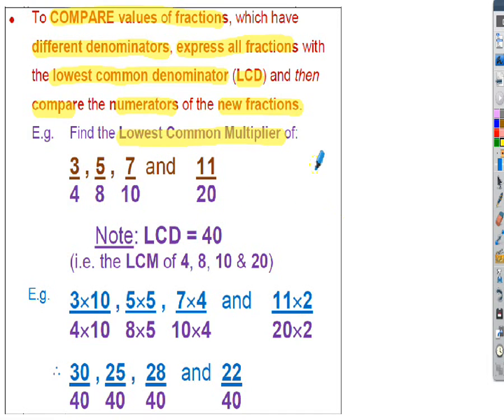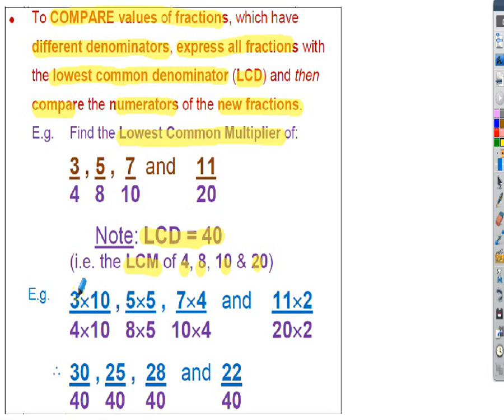In this particular case, these are the denominators of the fractions shown. So we would classify 40 as the lowest common denominator. It's the lowest common multiple of 4, 8, 10 and 20, but it's the lowest common denominator of the fractions shown. So what we're going to do now is factor each of the fractions up to make the denominator 40, and then we'll be able to compare them to find which is the largest and which is the smallest.